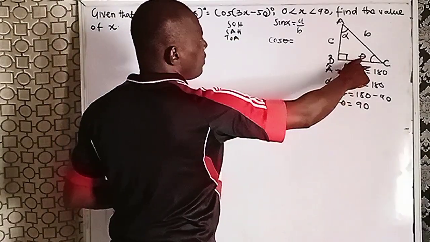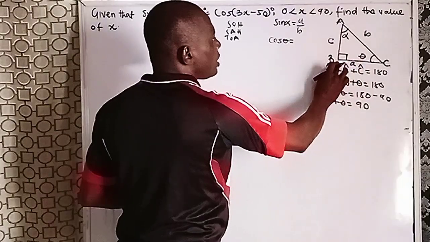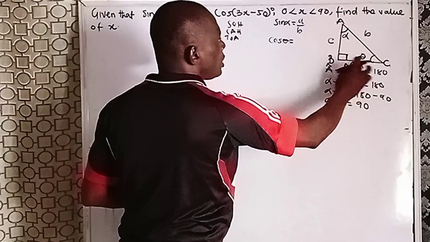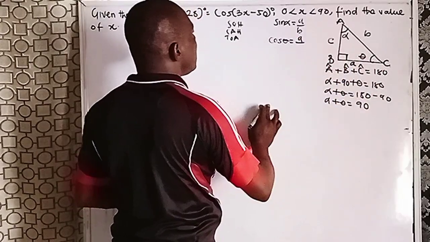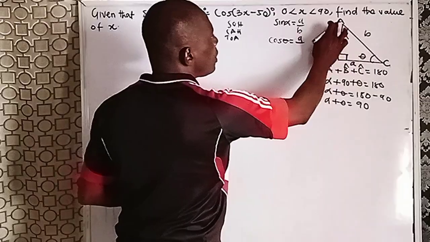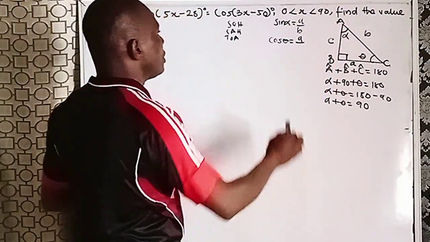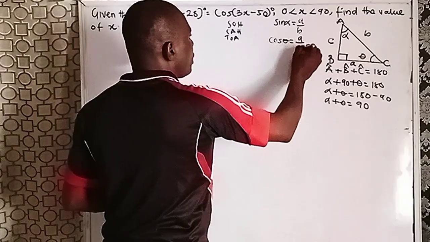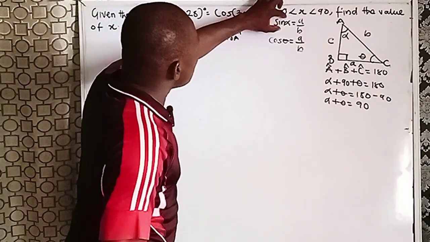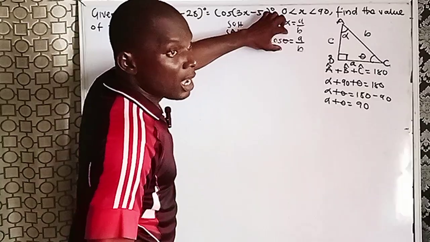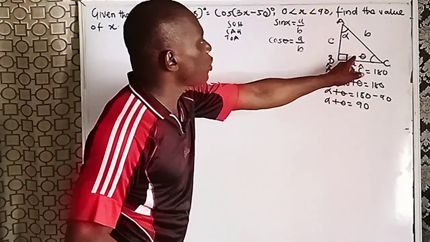The adjacent of theta is the side upon which theta is seated, which is BC, which is a, over the hypotenuse, which is also AC. The hypotenuse does not change. So you could see that sine alpha is the same thing as cos theta.